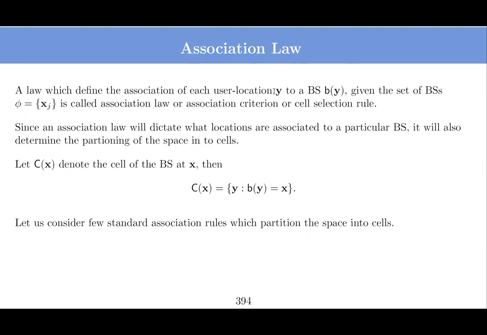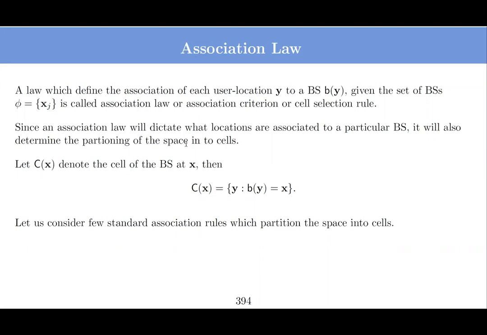So if there are two users at the same location, they should connect to the same base station according to this law. This association law will dictate what locations are associated to a particular base station. It will also determine the partitioning of the space into cells.